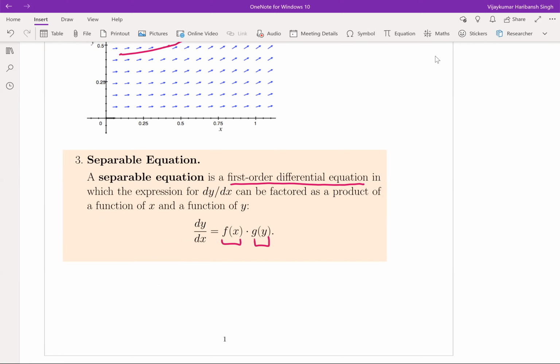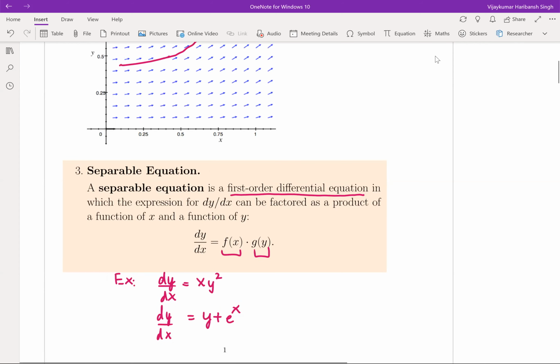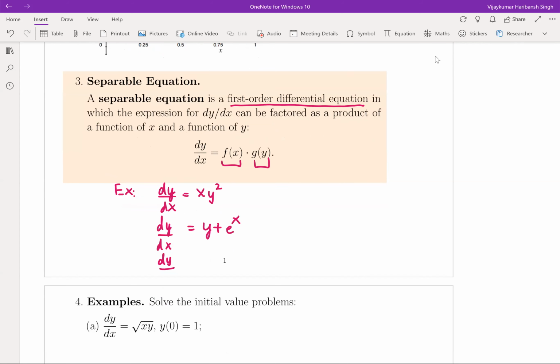Whereas if you look at dy/dx = y + e to the power x, or dy/dx = y/(x + 1), these are not separable because you can't separate the x and y variables. The word separable comes from the words to be able to separate. So not separable, and this is separable.